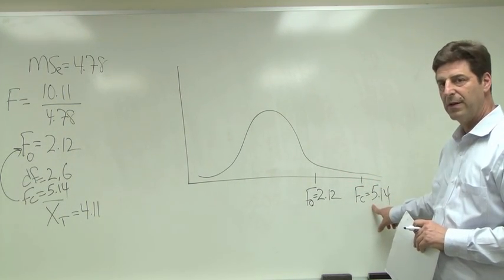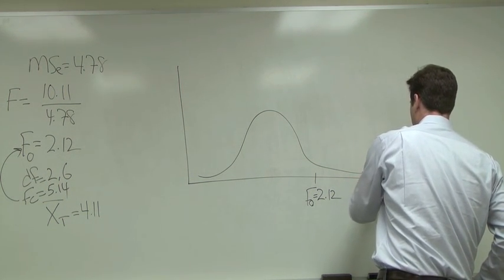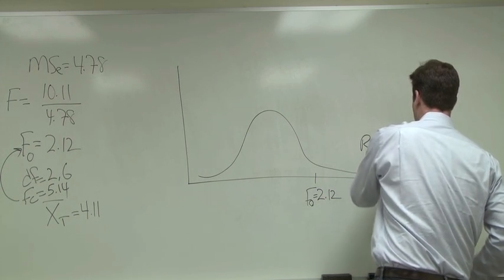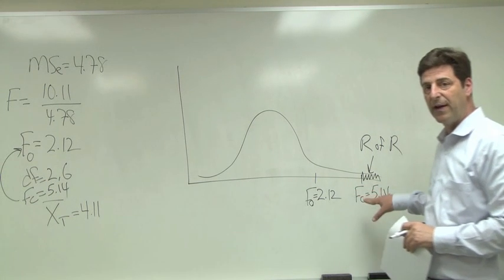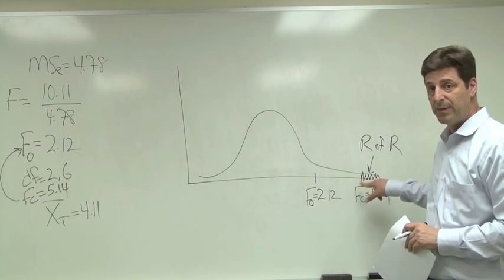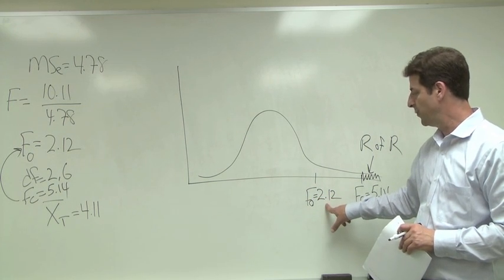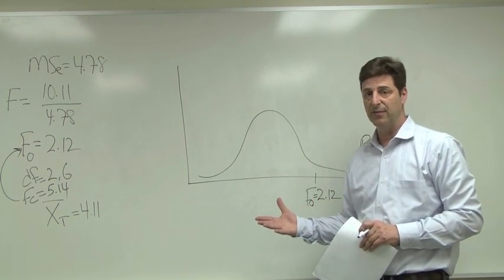This would be the critical F value of 5.14. Over here is the region of rejection, which means our observed F value would have to be out here to be considered statistically significant. Our observed F value is 2.12, not in the region of rejection, not statistically significant.